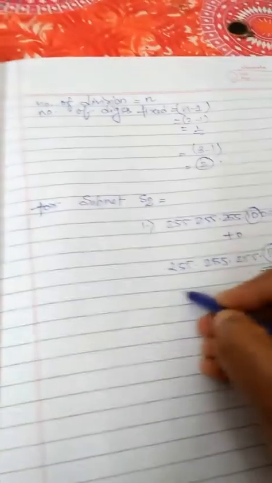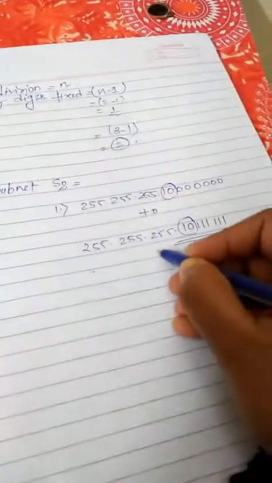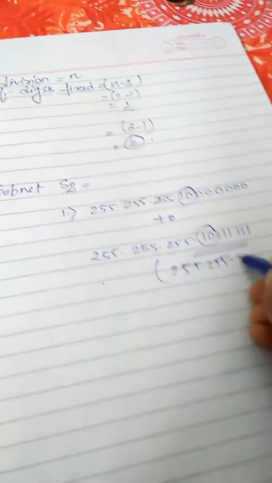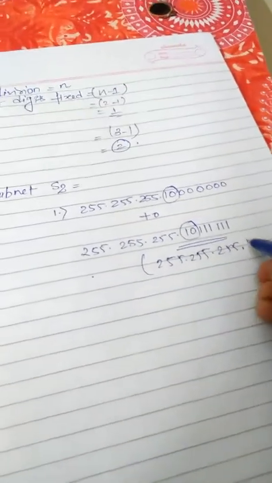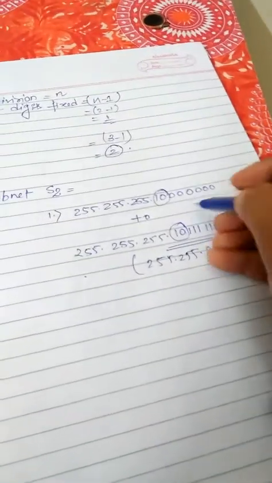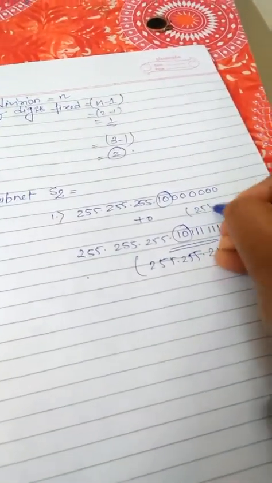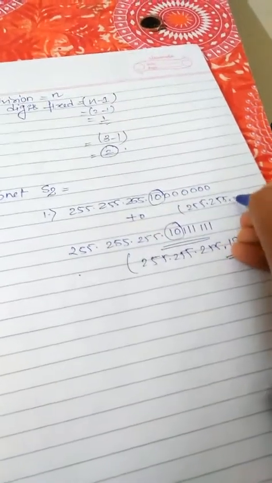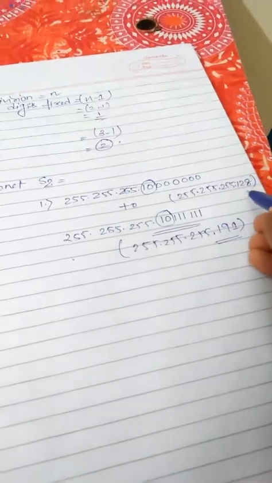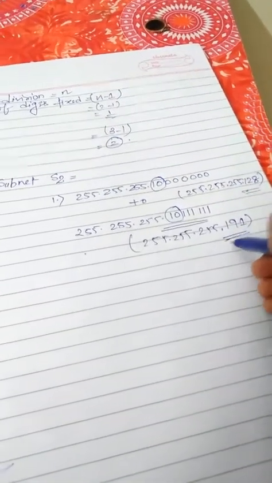So it will range from its decimal number 255.255.255.128 to 255.255.255.191, so it will range from 128 to 191.